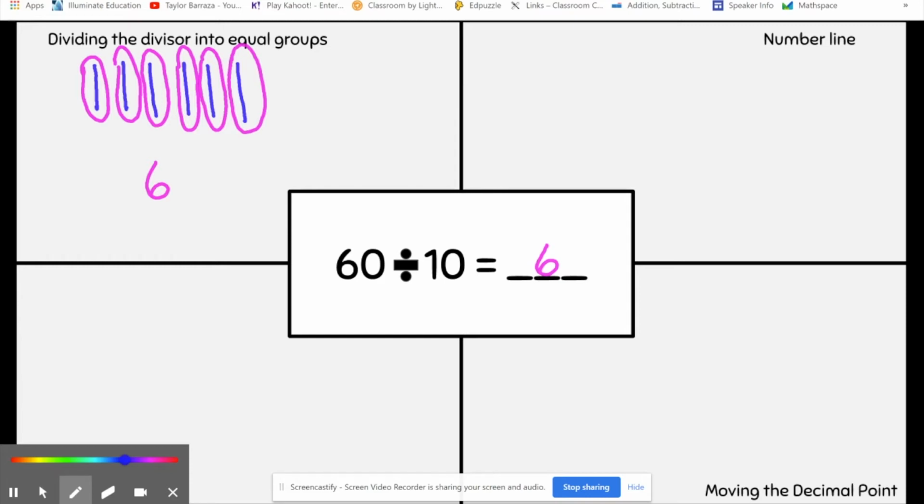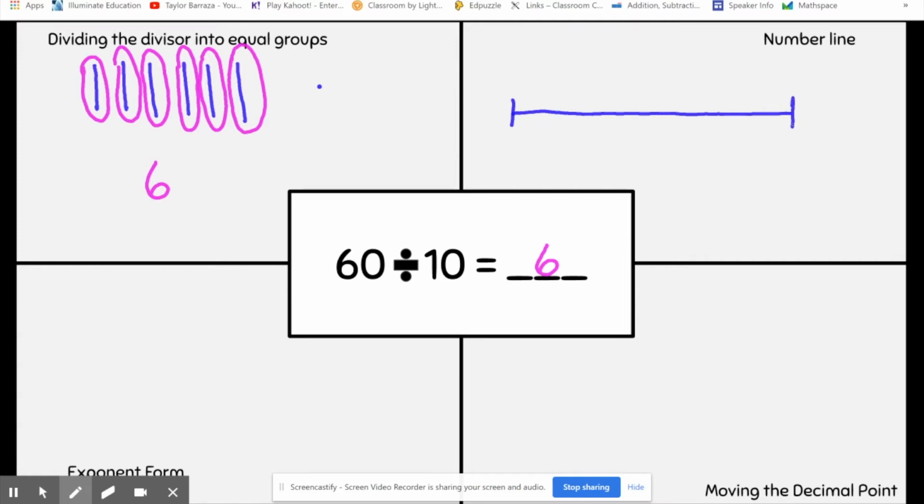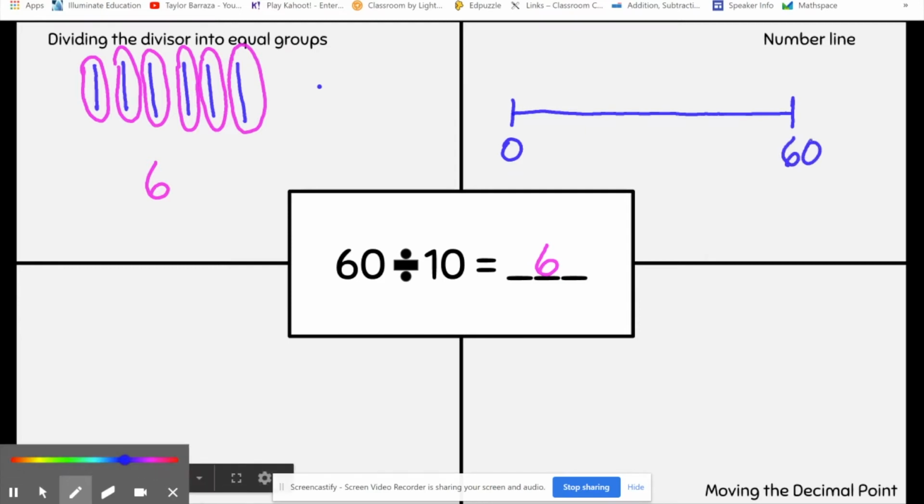For the number line strategy, I'm going to build a number line that ranges from 0 to 60. Since I'm dividing by 10, I'm going to break up my number line in order to show tens.